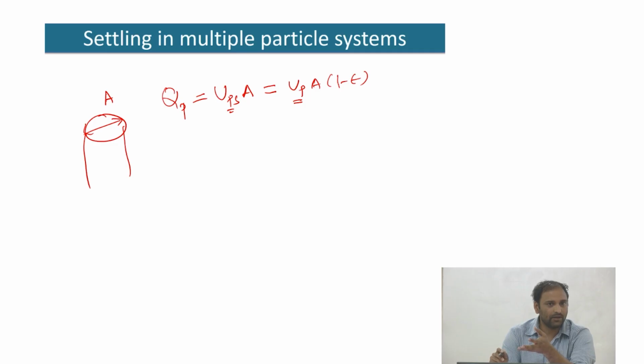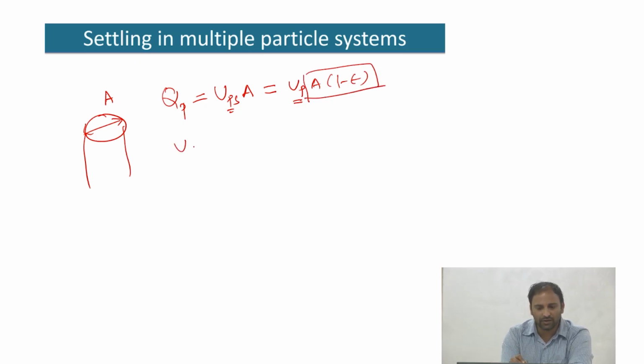The only thing I am assuming here is that volume fraction is typically a 3D quantity for the entire fluid particle system. If I assume the area fraction in a 2D sense is equal to it, then the fractional area available for the particle to settle is this. Is that okay, or do you have some questions?